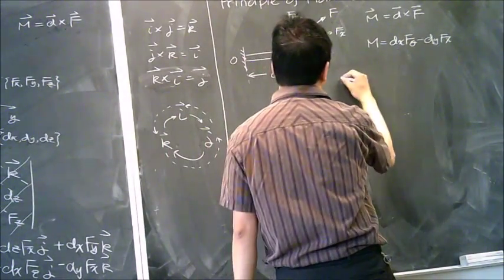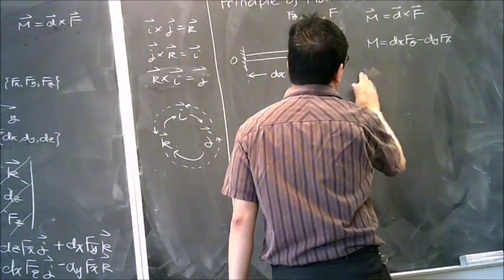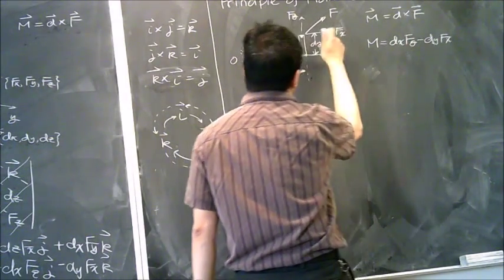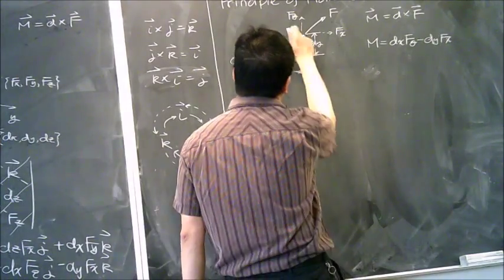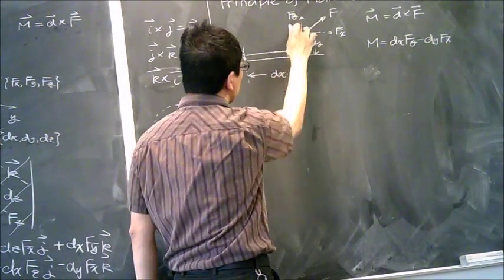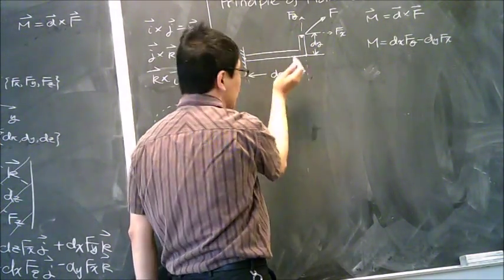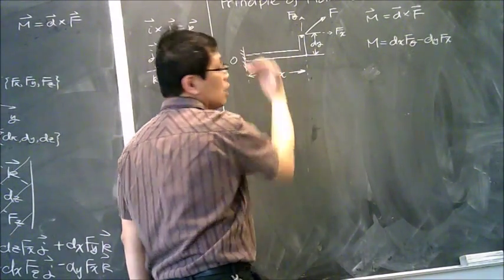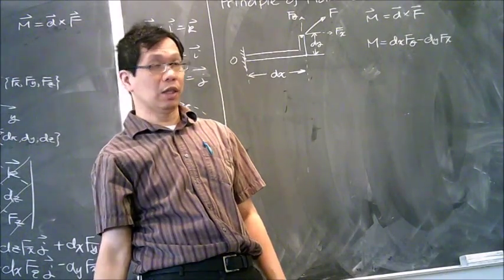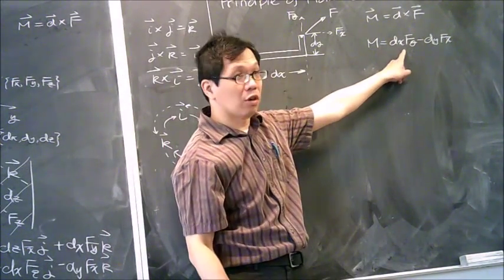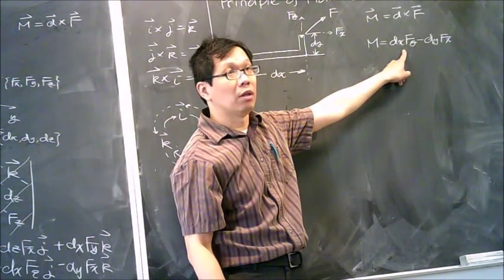So when we are doing that, my moment becomes dx multiplied by Fy. So with this force and this moment arm, it actually creates a counterclockwise rotation, right? So that is going to give you a positive number.